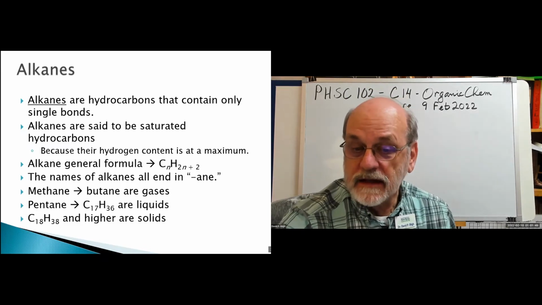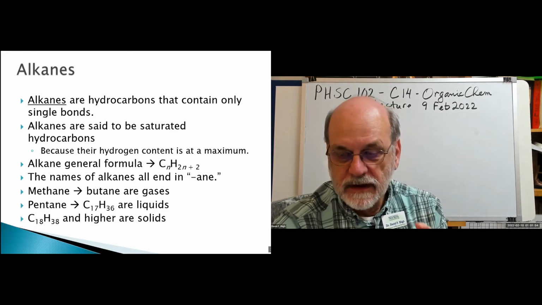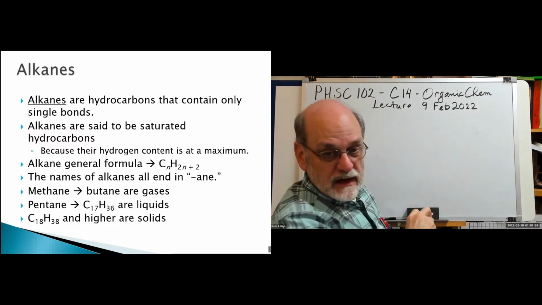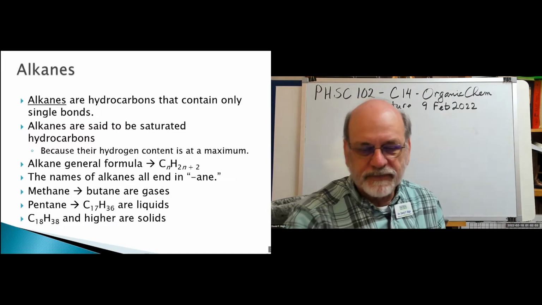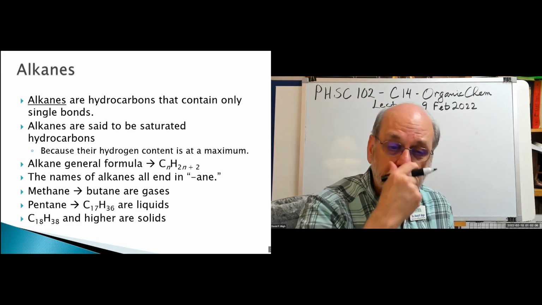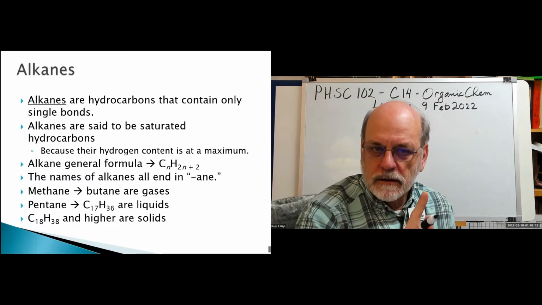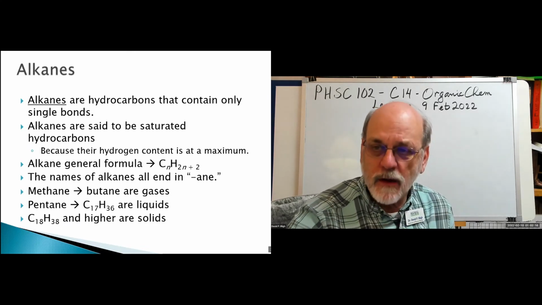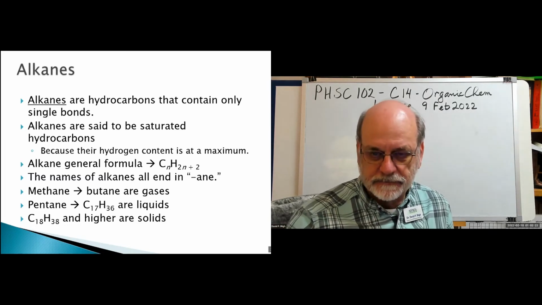And all we need to name an alkane is to know how many carbons. And we use the Greek prefixes, right? Except for methane. Methane is a special name to itself. Actually, the first 4 alkanes have special names. And then after that, we start using the Greek prefixes and add A-N-E on the end.